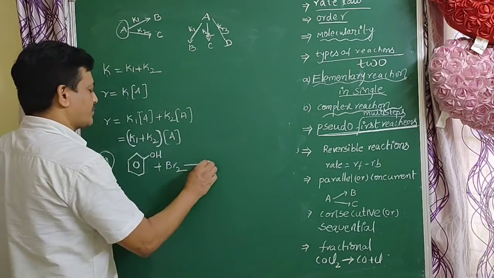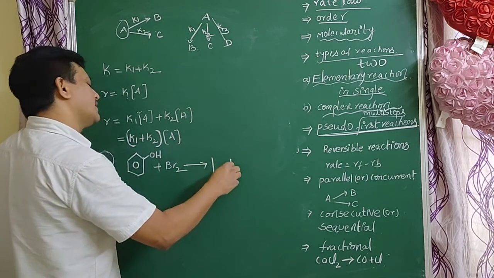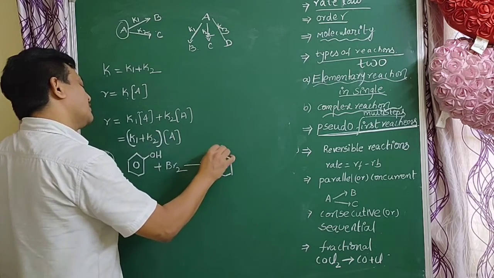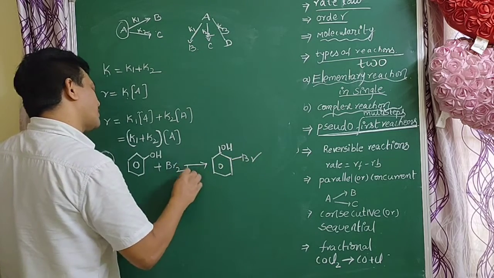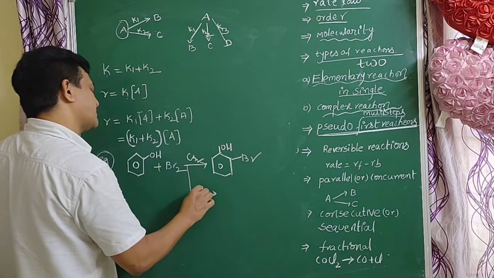Here two products are formed: the ortho and para products. OH group is the ortho-para directing group. So ortho-bromophenol and para-bromophenol are formed in presence of CS2.